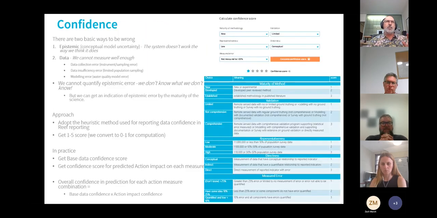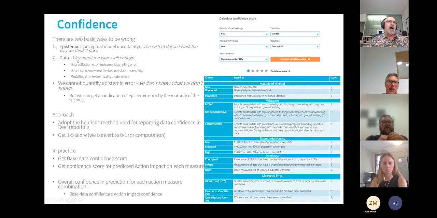So we talked about confidence in some detail in an earlier session, and I'll just repeat this slide from that session. It's a very big topic to unpack: confidence, error, uncertainty. But fundamentally, there are two basic ways that we can be wrong. So epistemic, which means our conceptual model uncertainty. So the system just doesn't work the way that we think it does.